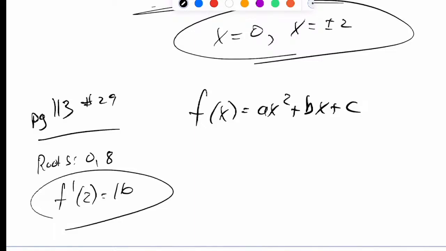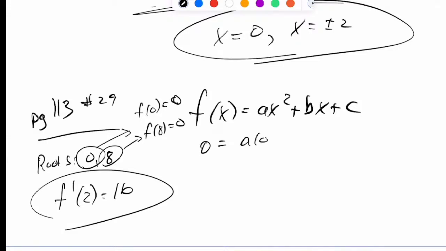Because these are roots, I know that f(0) is 0, and f(8) is 0. So a times 0² plus b times 0 plus c equals 0, which implies that c is 0.